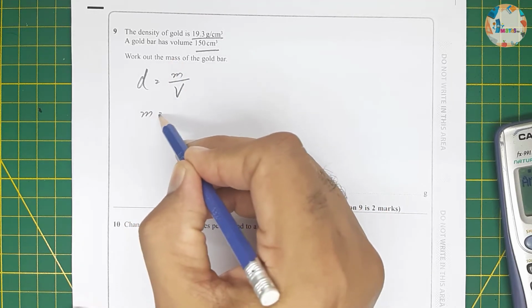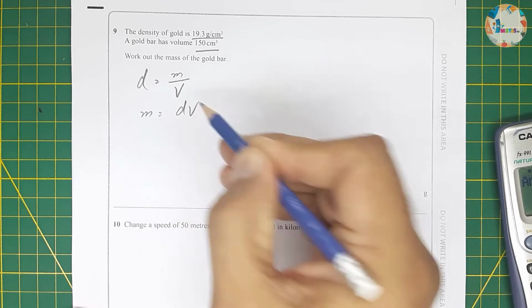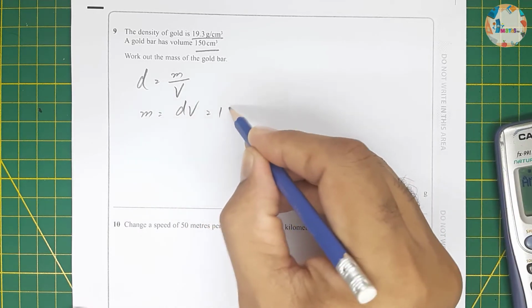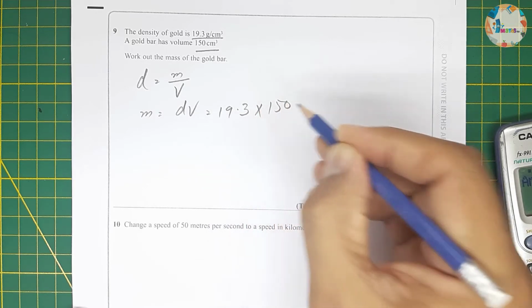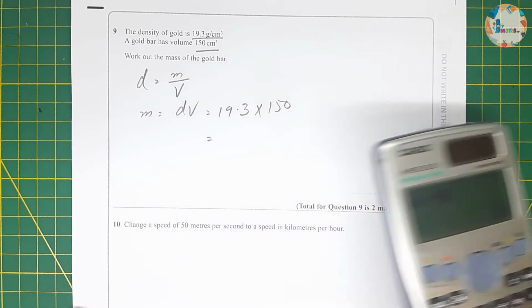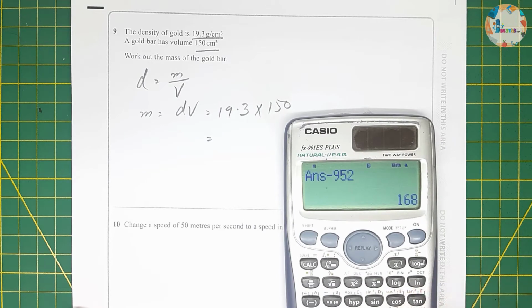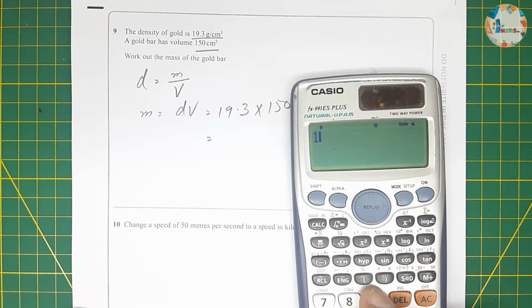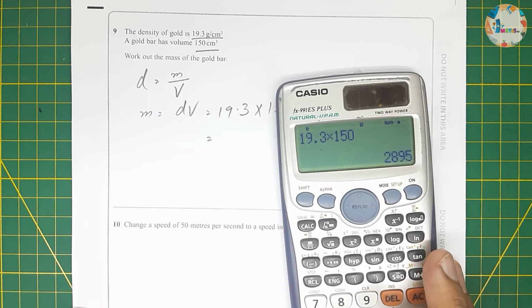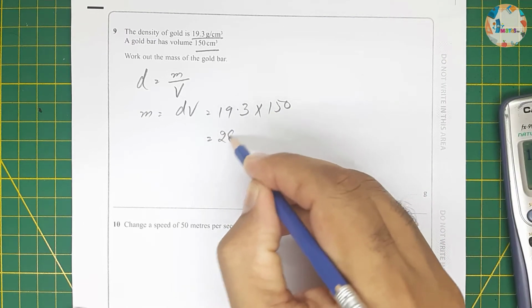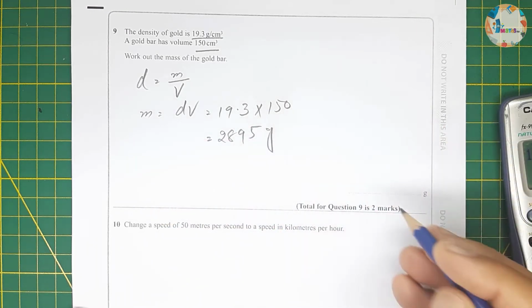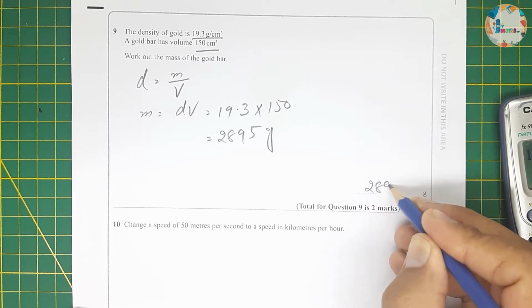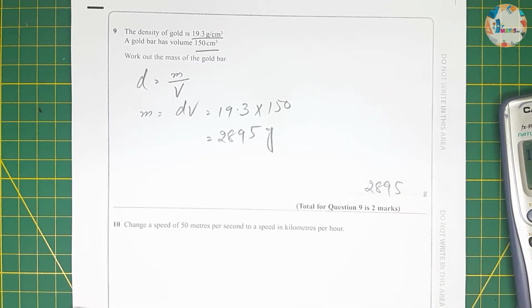So M will be equal to D into V, with density 19.3 and volume 150. Multiplying 19.3 into 150 gives 2895, and this is the mass in grams. So 2895 will be our answer.